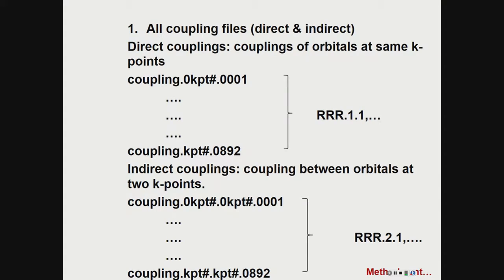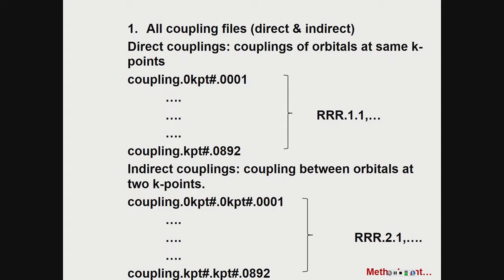For each K point for indirect couplings, there are another 892 files. The format of these indirect coupling files is coupling dot K point number of K point 1 to number of K point 2, and then this is the number of the file. And the number 3 file was the MATLAB code.